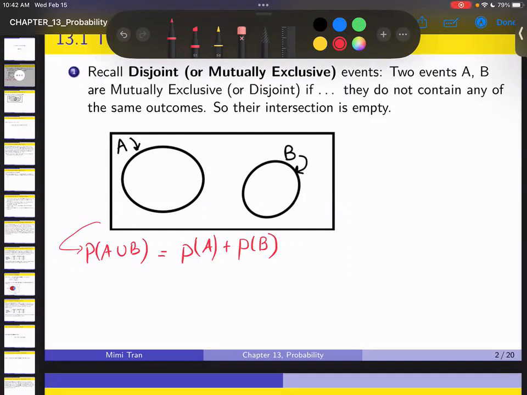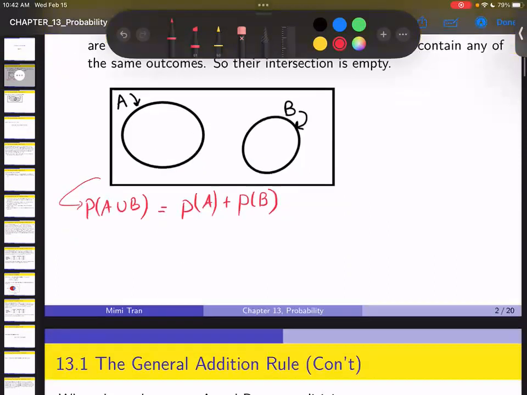Well, probability of the first ball adds to probability of the second ball. Pretty straightforward. Let me ask you a question. So this is called addition rule for disjoint. Later, you're gonna see a more general addition rule when the 2 balls intersect, right?